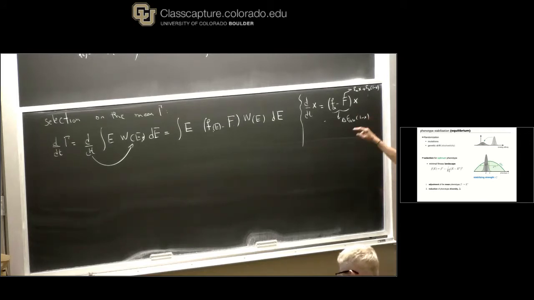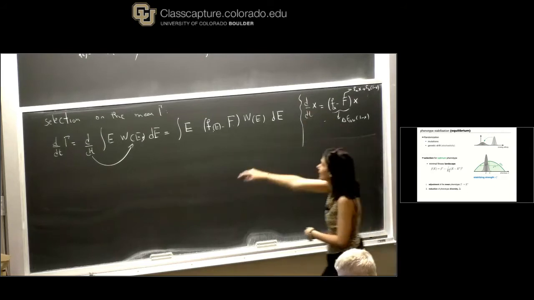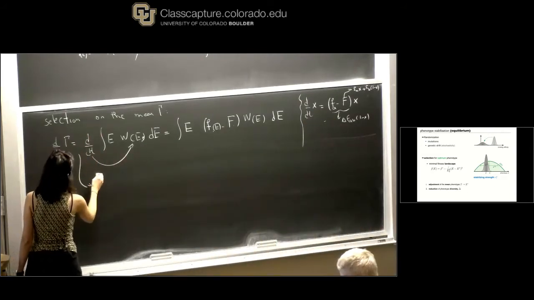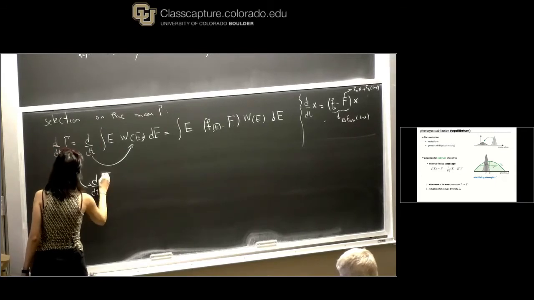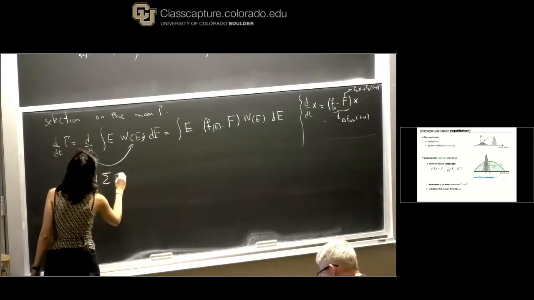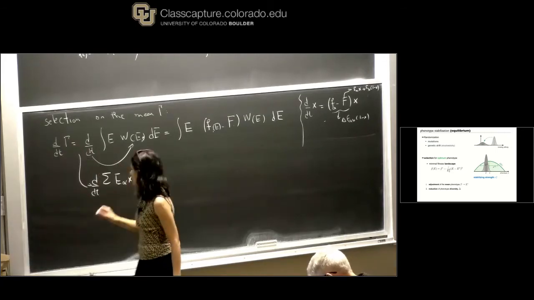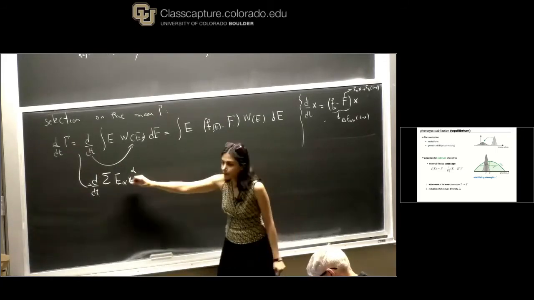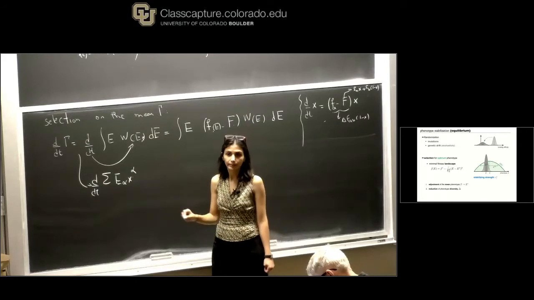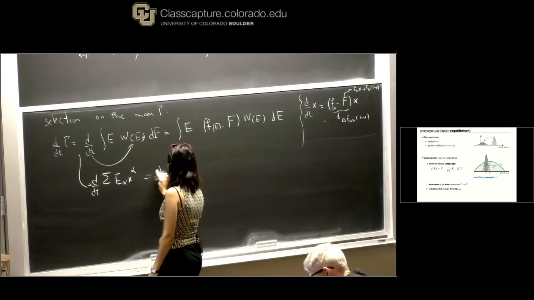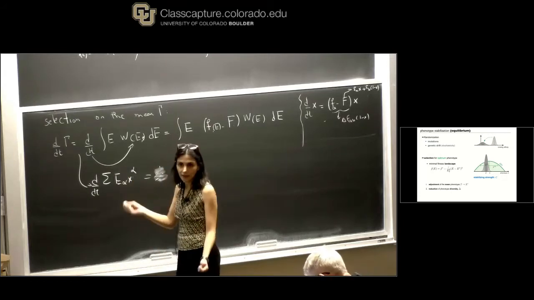So the thing that is written in the bottom, you could actually write down like the first line: E alpha times x alpha. This is the frequency of a type with energy E alpha, and E alpha is a constant.